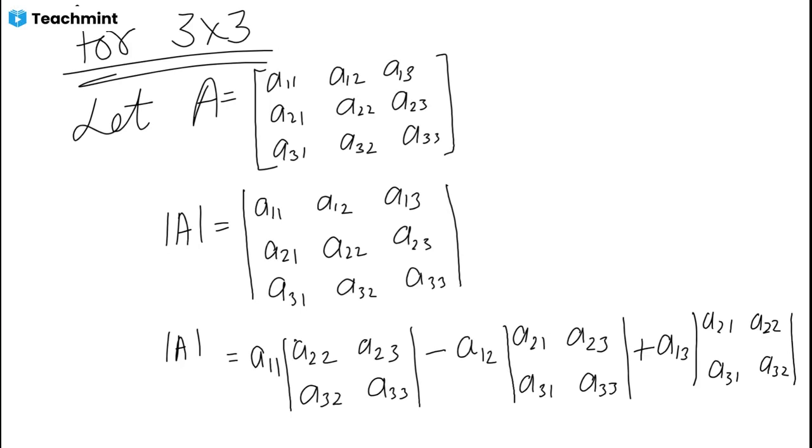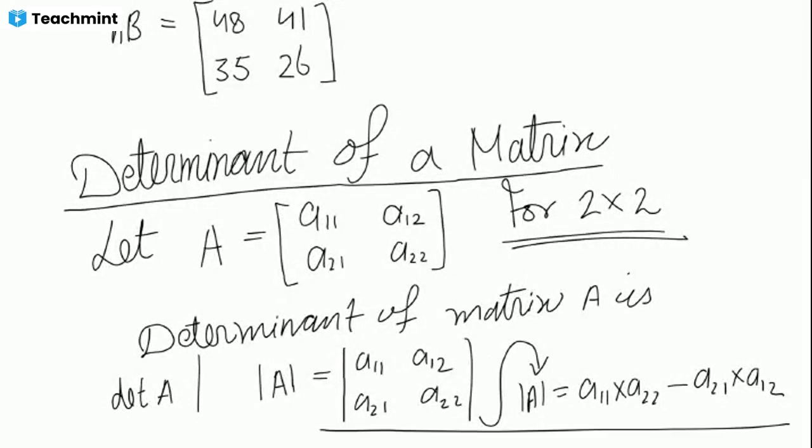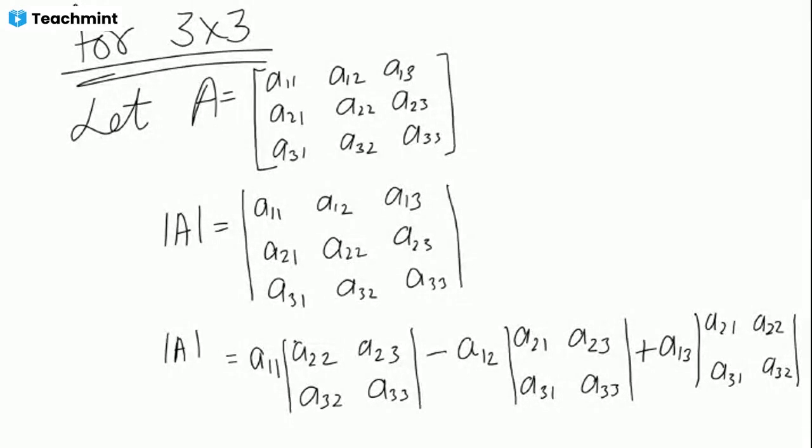And we'll solve these 2 by 2 as in the previous method, same as this. Then you can find the determinant of a 3 by 3 matrix. You got it now? Okay.